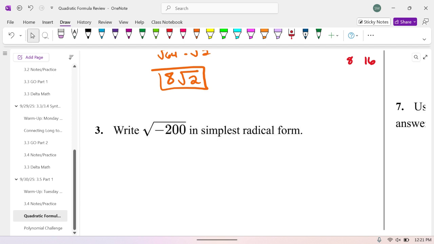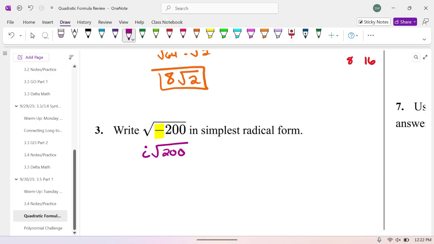It's called a complex number or an imaginary number. So, in order to make it so it's not negative under there anymore, you've got to take an i out. So in order to get rid of this negative right here, you bring an i outside of it. So this will be i square root 200.